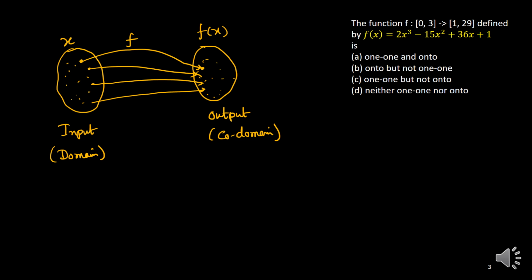And if I choose all the points in the codomain, and for every point there is at least one input point, then that kind of function is called onto. It means every point should be somehow linked.